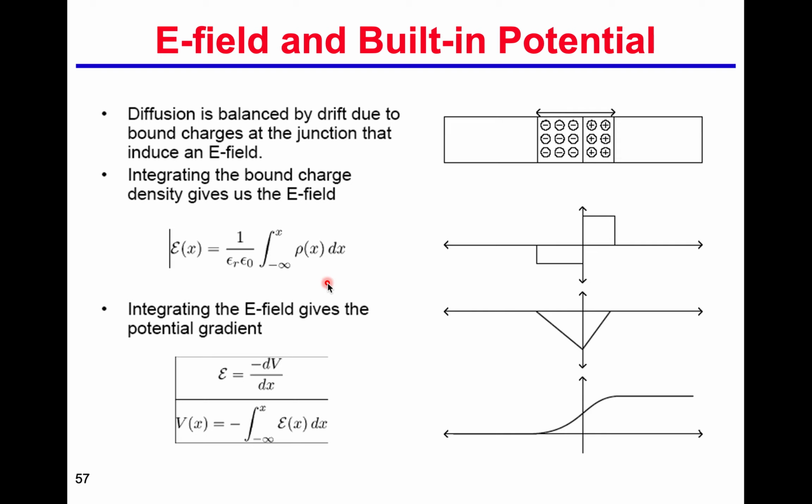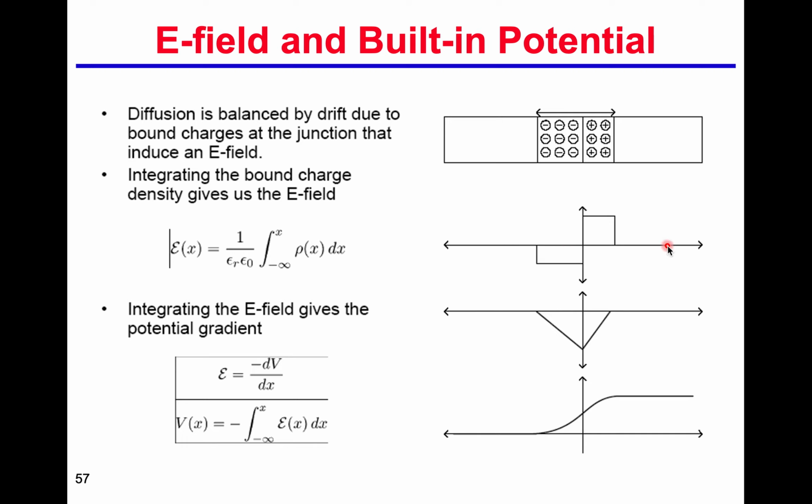As we can see here, the electric field is related to your carrier concentration. So it's a bound charge. For example, here's a p-type, here's an n-type material. So here's the depletion region. Here's a positive bound charge. Here's a negative bound charge.